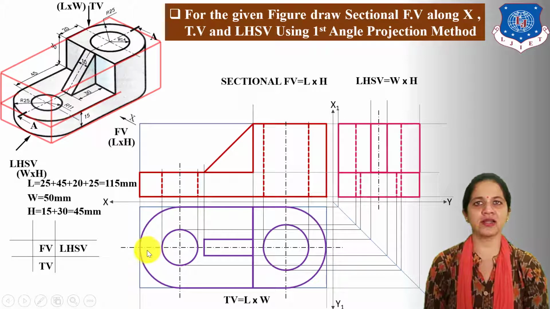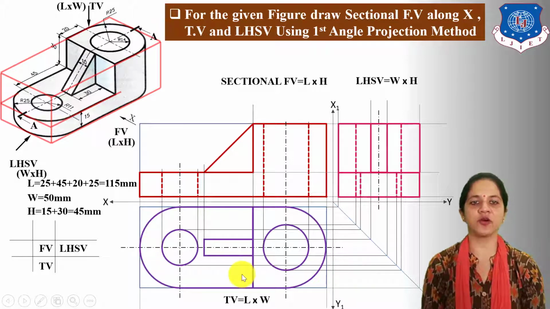First locate cutting plane line in top view and in left hand side view. In top view, cutting plane line is parallel to length and passing through the middle point of the width. Now how to locate cutting line, we already discussed in previous session. So here locate cutting plane line with arrow.